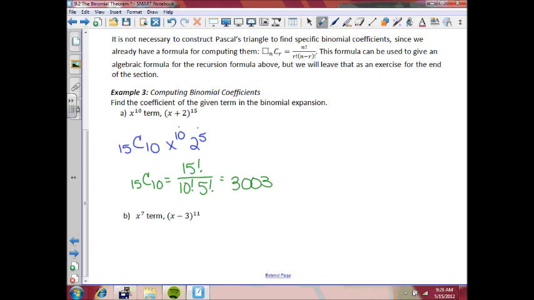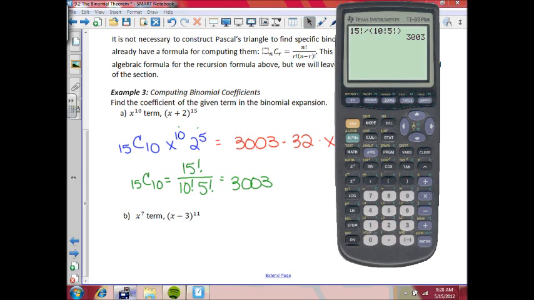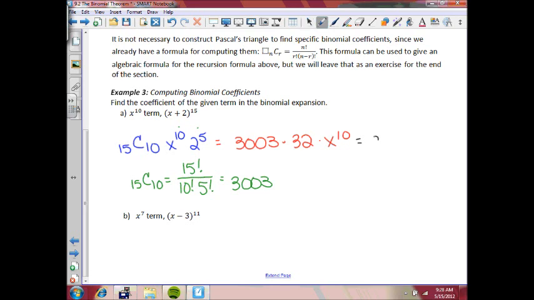So this will be 3003 times 2 to the 5th, which is 32, times x to the 10th. When we take 3003 times 32, we get 96,096 x to the 10th. There's our x to the 10th term.